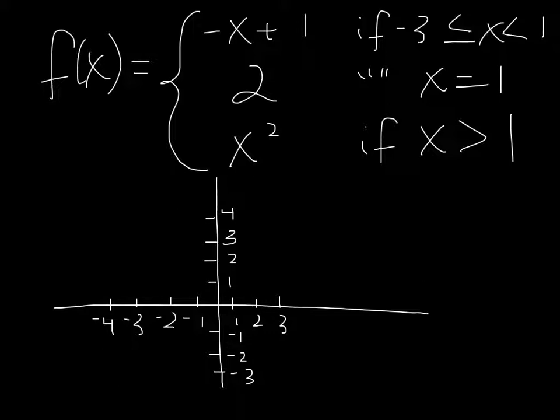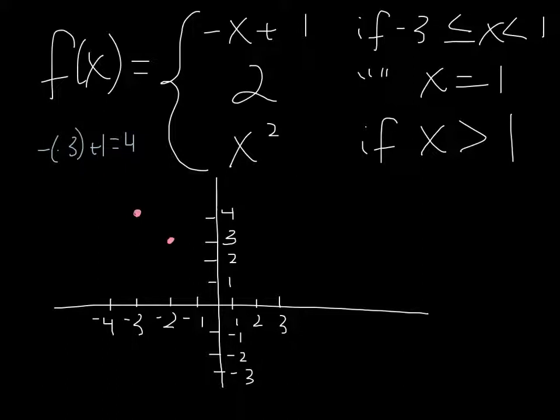So it looks a little something like this. Negative of -3 plus 1, which is 4. So now we know that at -3 there's a closed point at -3, 4. It's right here. And then we would plug in -2. So negative of -2 is 2, plus 1 is 3.